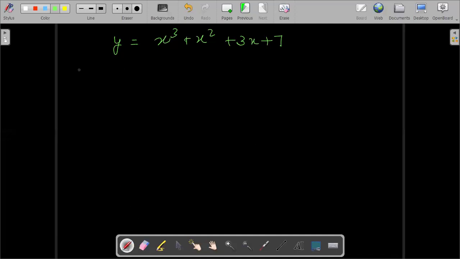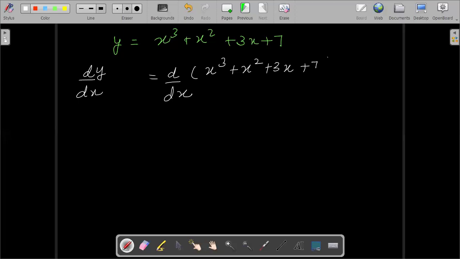So on both the sides, I apply the operator d by dx. Here I have the y, so I write y, and here I have d by dx of x cube plus x squared plus 3x plus 7, right?